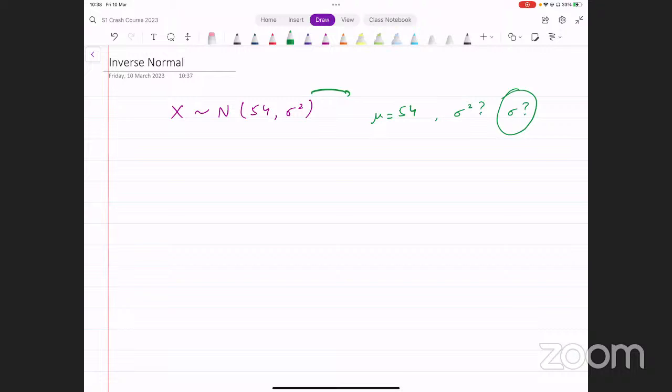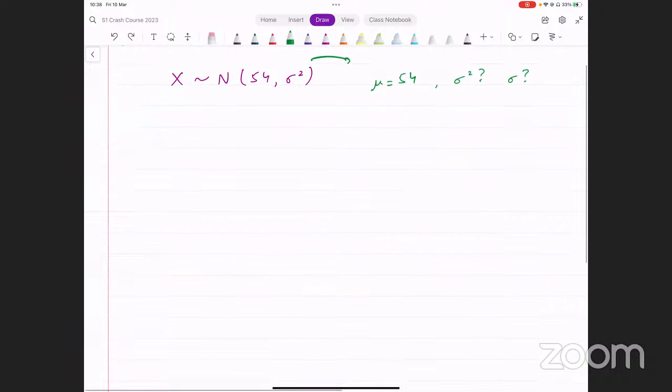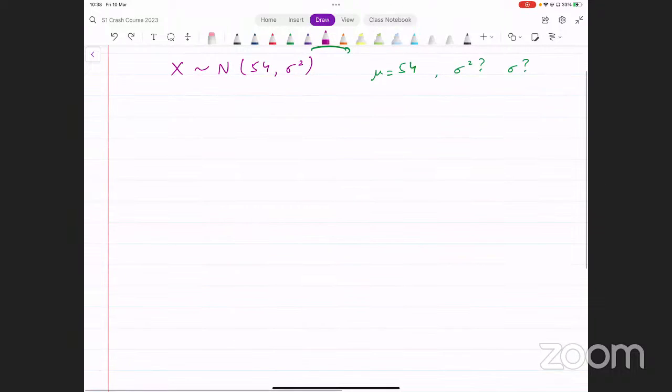Now, for this, they'll give you some probability. So, for example, let's say they tell you that the probability of x being less than 60 is equal to 0.7024, let's say. This is what we're given.